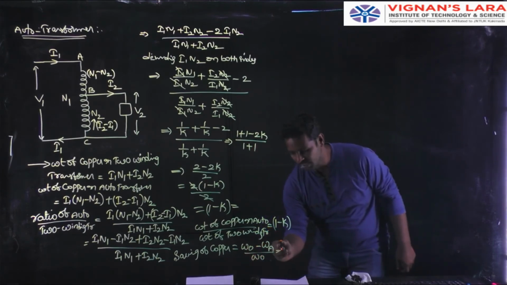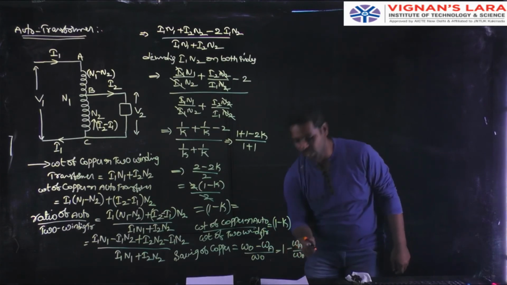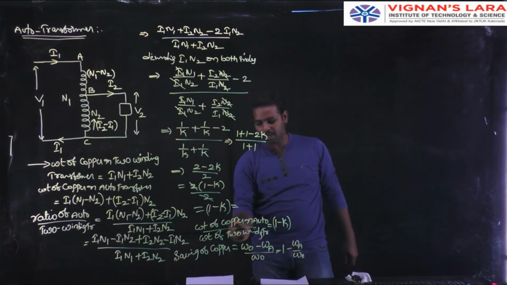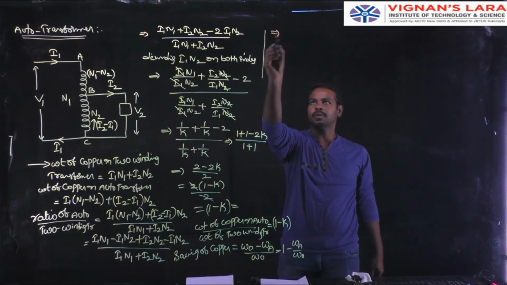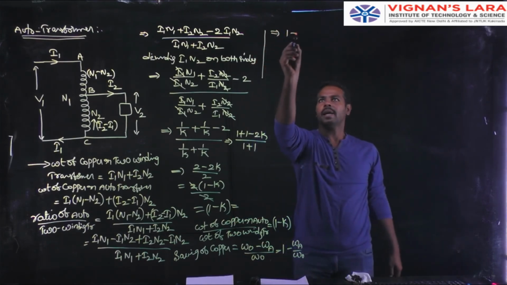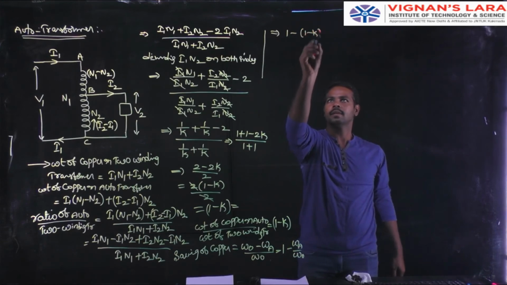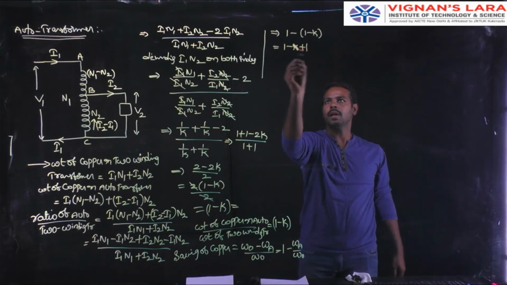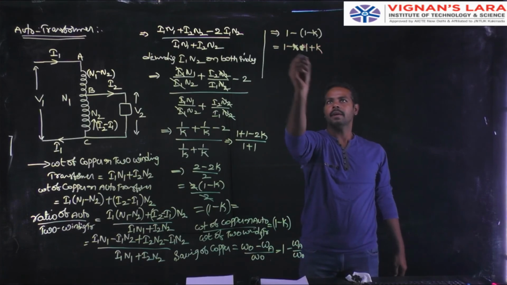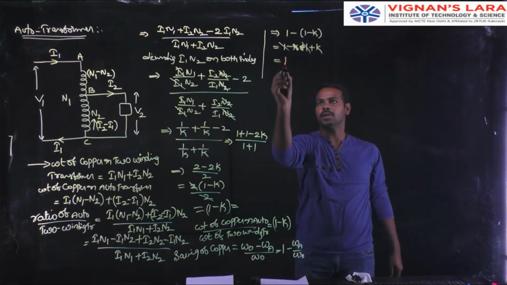So which is equal to 1 minus WA by W naught. WA by W naught is equal to 1 minus K. So which is equal to 1 minus (1 minus K), sorry, 1 minus 1 plus K. 1 gets cancelled, is equal to K.